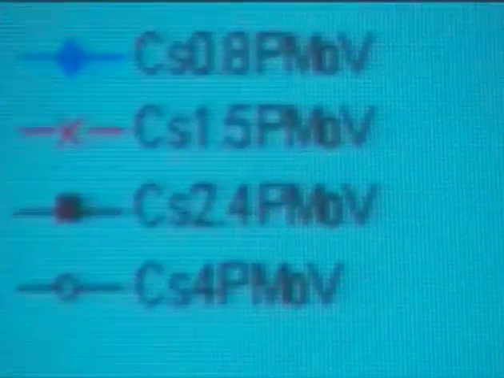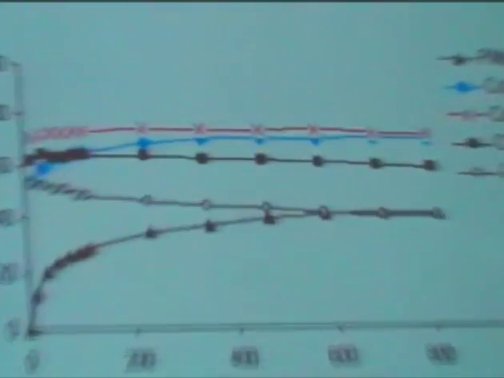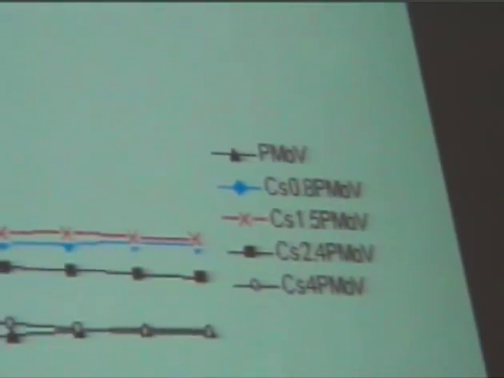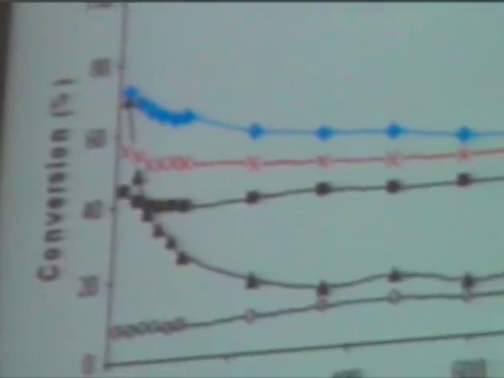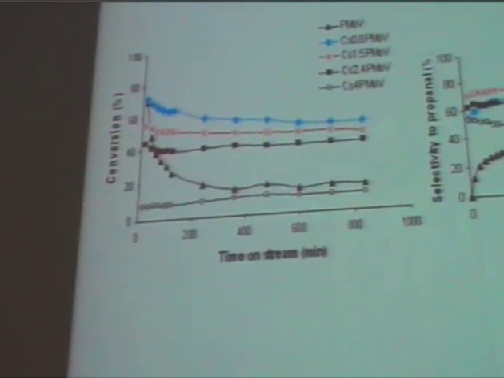Here you can see catalyst performance, and this is the monovanadium catalyst. The conversion of propanoic acid and the selectivity to propanol. You can see here that the parent heteropoly acid shows high initial activity but quickly deactivates due to corrosion. Cesium salts exhibit more stable activities, and their activity decreases with the cesium content.